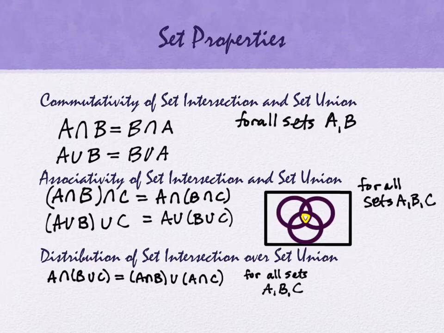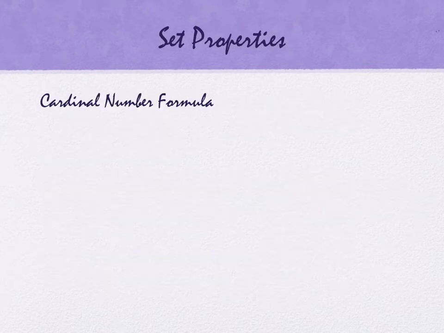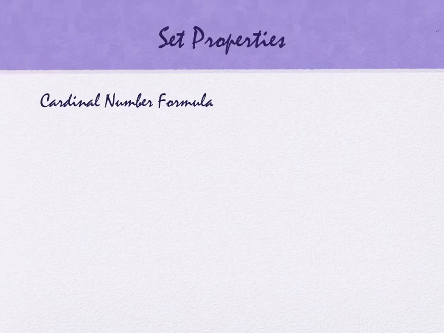And the most useful of all of these properties is actually the last one, the one we're about to hit. It's called the cardinal number property, or cardinal number formula.